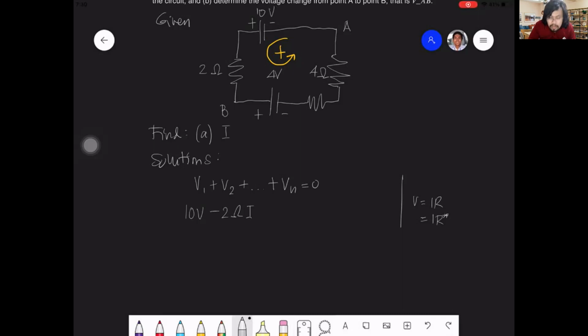Minus 4 volts again, because the positive sign is against the flow of the positive convention that we adopted. So minus again 6 ohms. This is 6 ohms. 6 ohms times I minus 4 ohms times I equals 0.